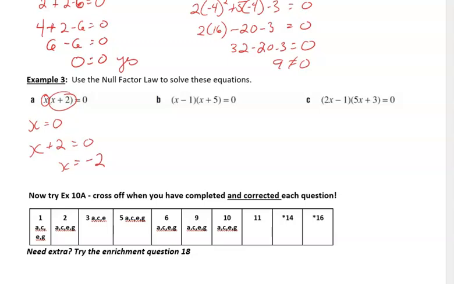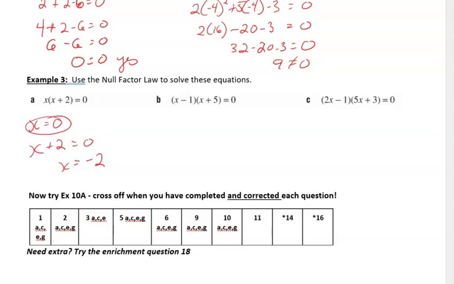So what we're saying is there are two answers here. x equals 0, and if x is 0, that's going to make that equal 0, because 0 plus 2 is 2, but 2 times 0 is 0. That's going to make that true. And if x is negative 2, then negative 2 plus 2 is going to be the same as 2 minus 2, which is 0. And whatever we multiply to that is going to be 0. So that makes that true.